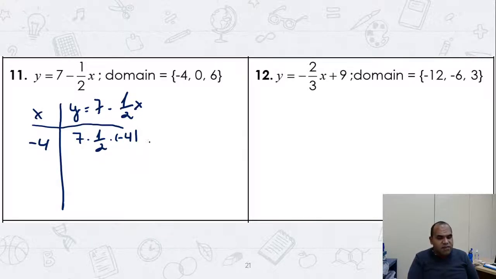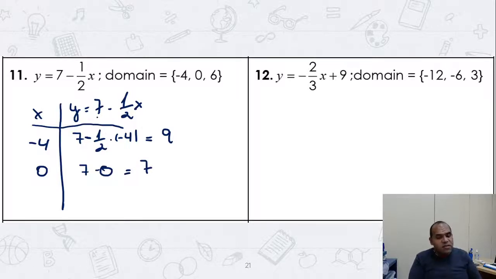Oh, sorry, the minus. Forget it, this one is minus. Great. Right now, here's negative 2. Negative times negative is positive. 7 plus 2 is 9. And here is 0. Any number times 0 is 0. 7 minus 0 equals 7.